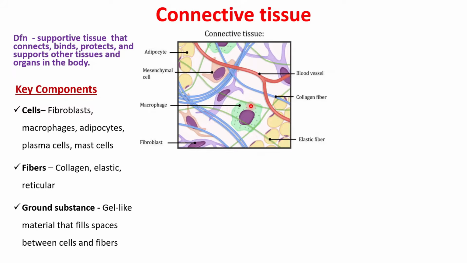Then for the fibers, usually there are three types of fibers. We have collagen. So collagen is one of the tissues. For example, the one that you're seeing here, this one is collagen. And actually collagen provides the strength.